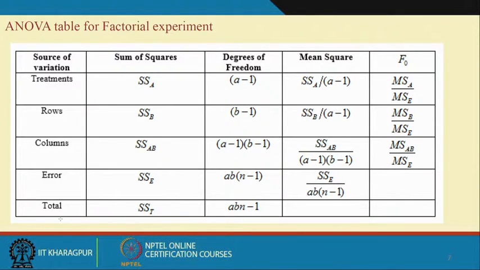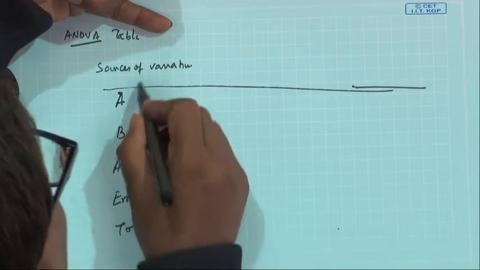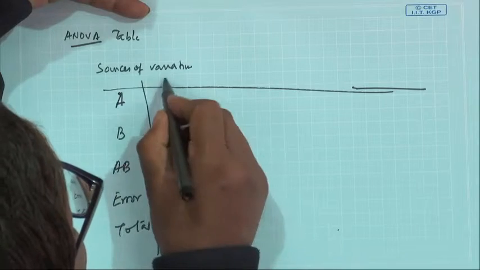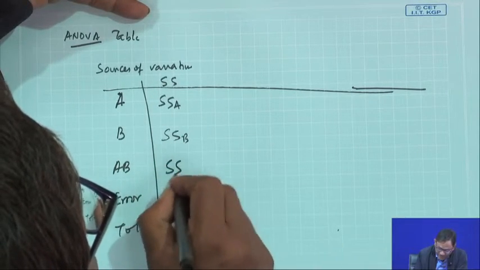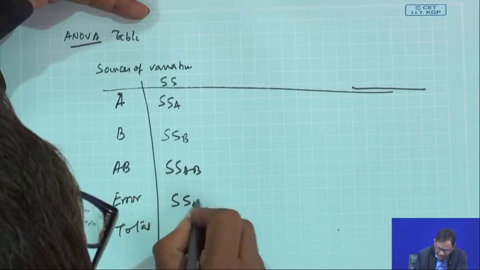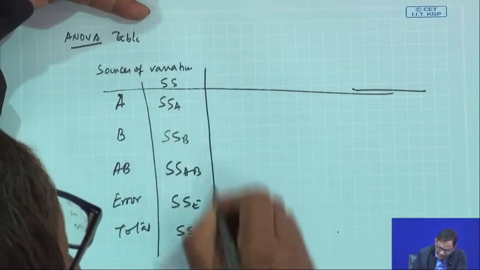Here we have written rows and columns, but it should be treatment A, treatment B, interaction AB, error and total. Anyway, I am writing it down again. Then the SS will be SSA, SSB, SSAB, SS error, SS total.